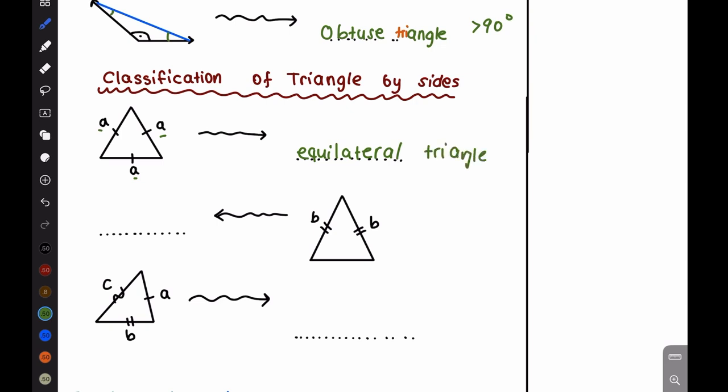It sounds like the word equal, so it's easy to remember. And the second possibility, we have a triangle that has only two equal sides, and that's called an isosceles triangle. And for the final one, all the sides are different lengths, and this type of triangle is called a scalene triangle.